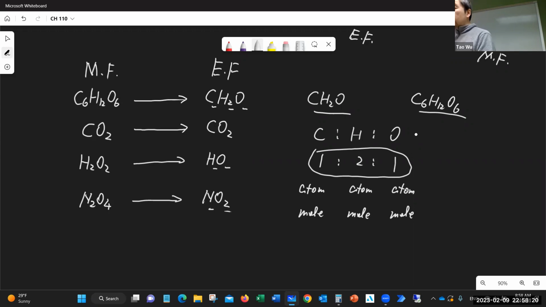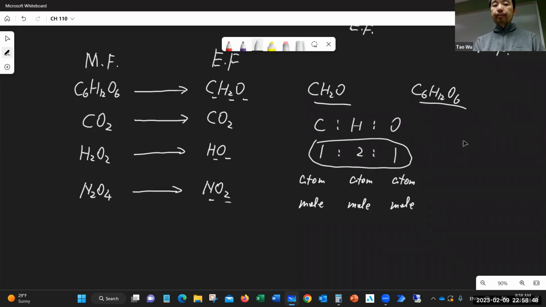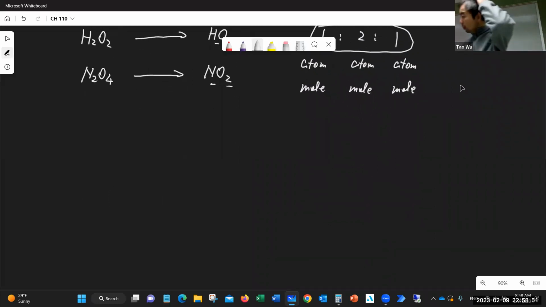That is why we just need to base on the mass percent to figure out the mole ratio. As long as we figure out the mole ratio of the elements, we should be able to figure out the empirical formula. Okay, so I'm going to show you one example.